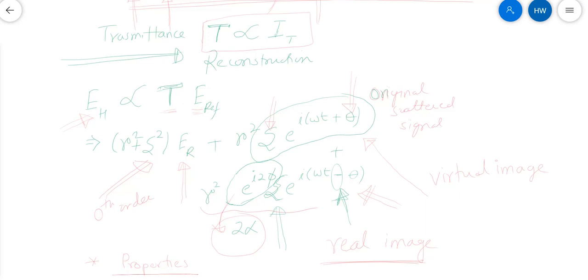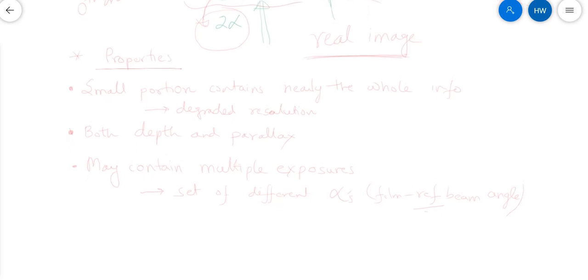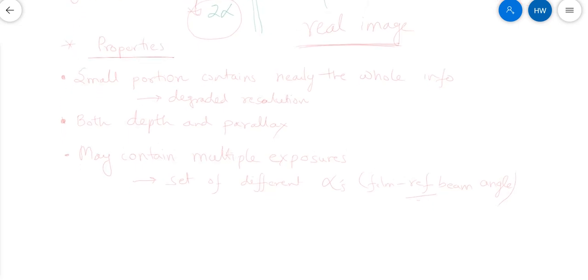So now let us look at a few properties of this hologram, just to emphasize a few aspects. I've written it down. You see that even a small portion of the hologram contains nearly the whole information, right? Of course, it is not the whole information. A small portion will contain that perspective of the object. Different small parts are going to contain essentially the whole perspective from that viewing angle.